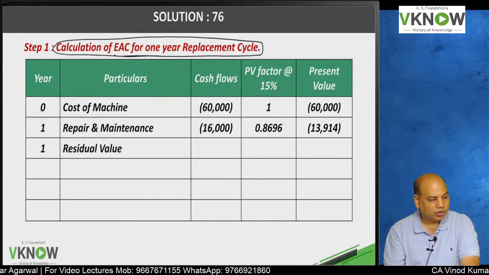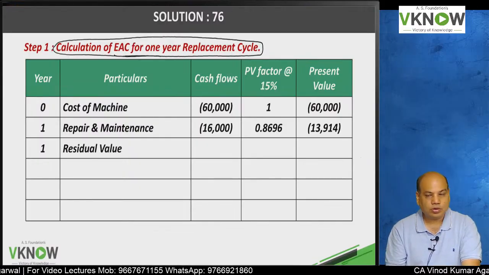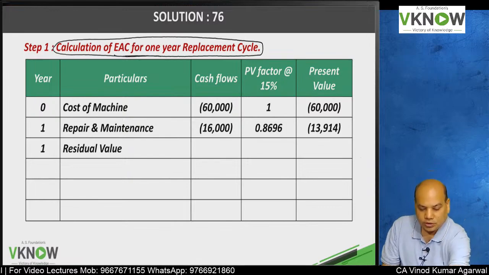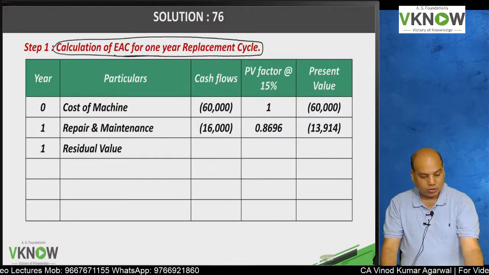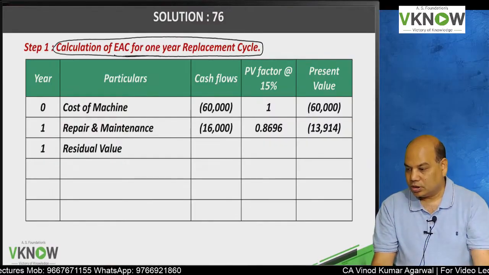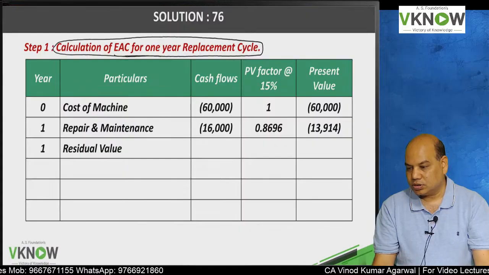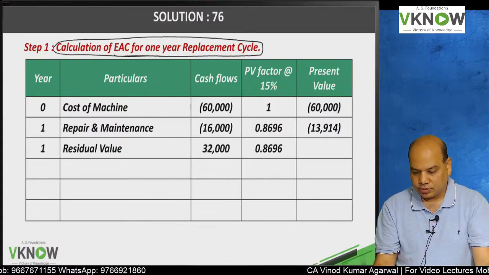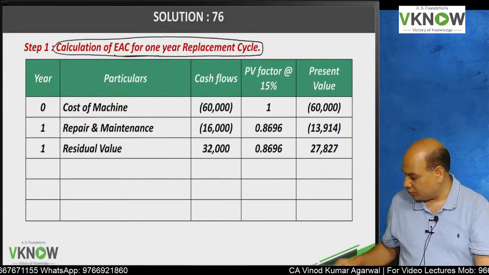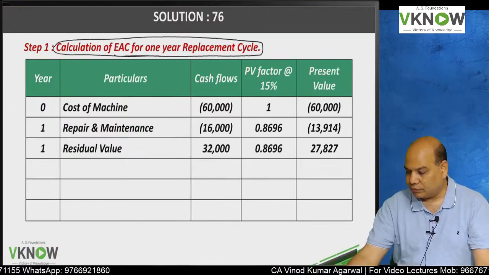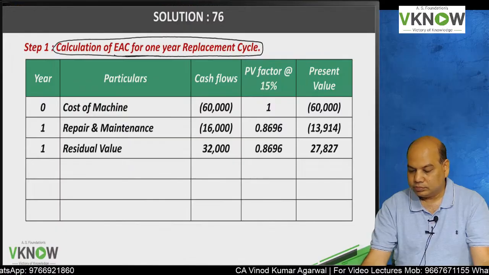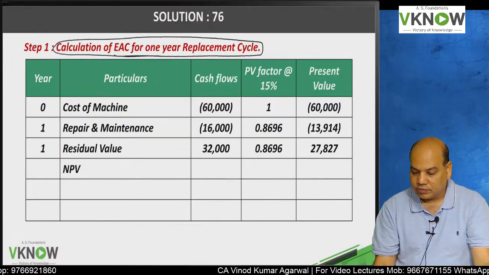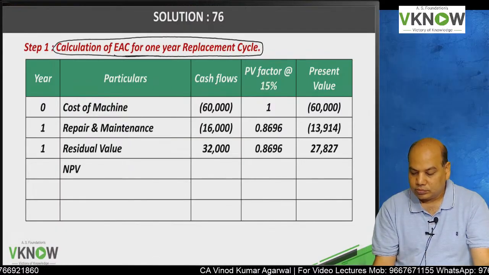And in year 1 you will scrap it. So the residual or scrap value will be equal to 32,000. The present value factor is given, so use the factor if given.